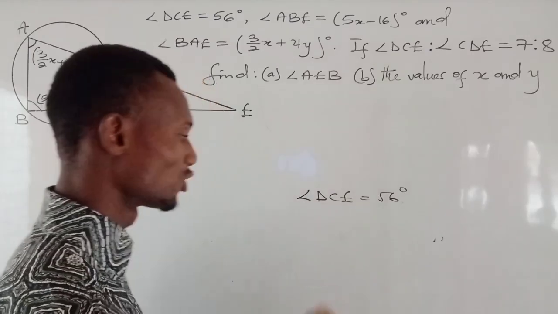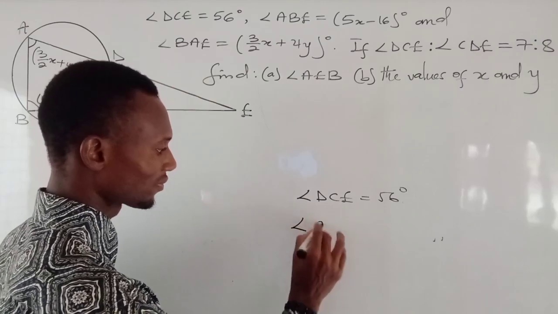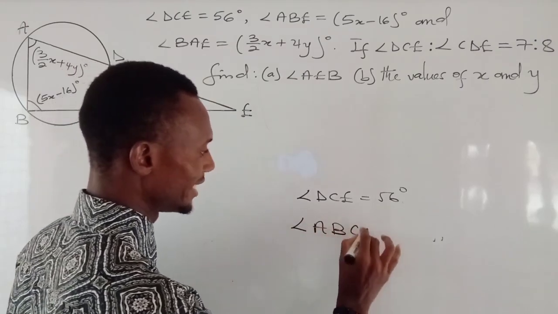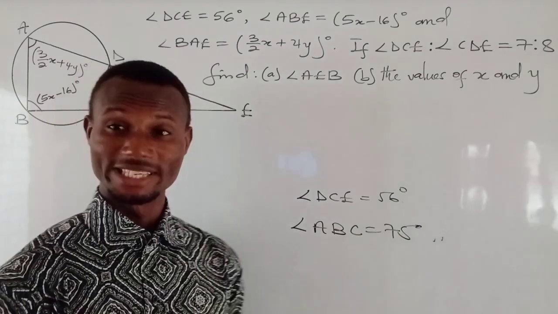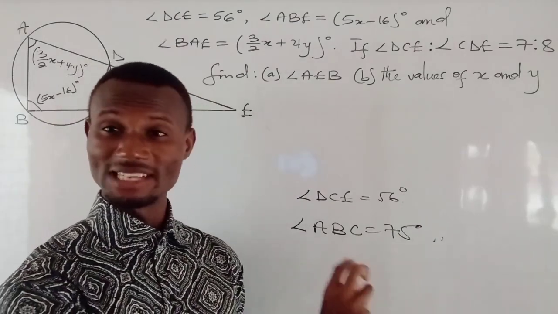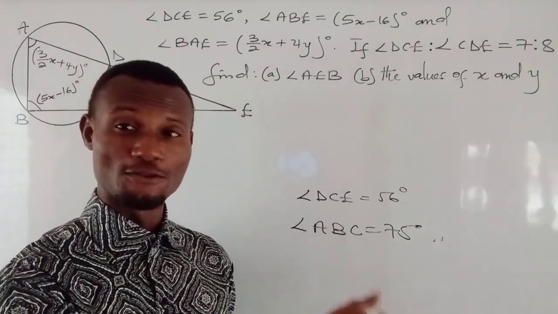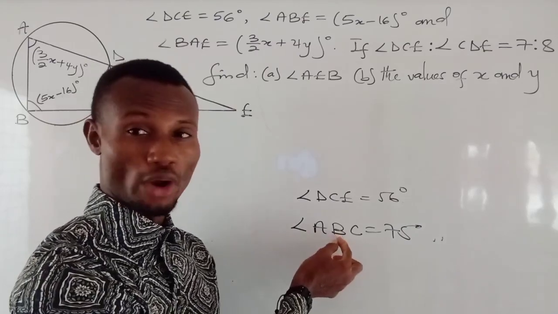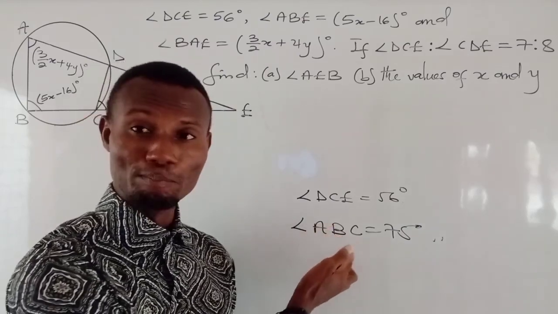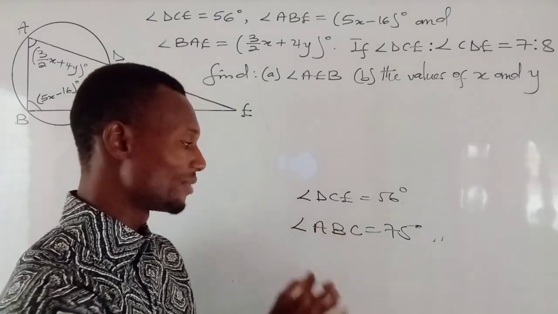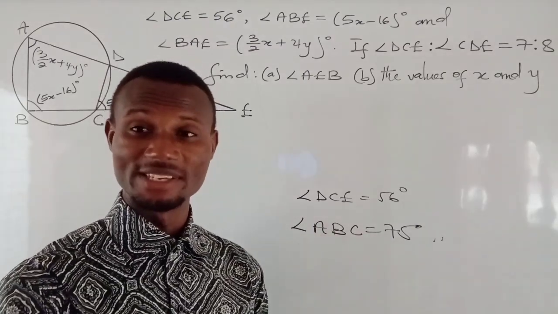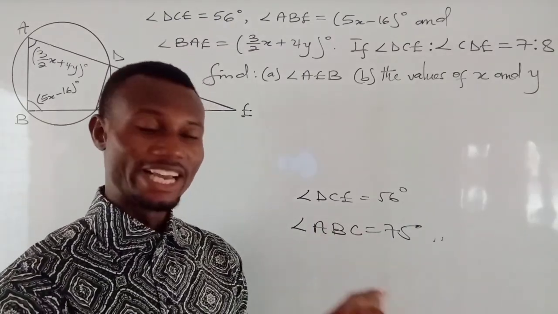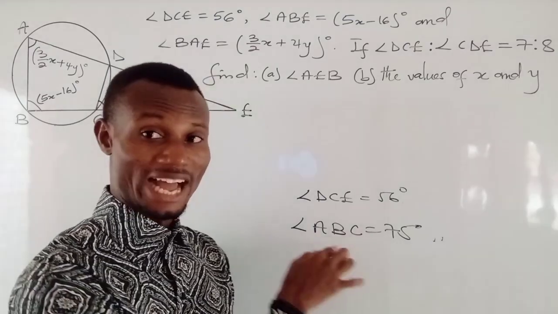Assuming I have angle ABC equals, let's say, 75 degrees, it means that the 75 degrees angle is being formed on the point B, which is the middle letter.